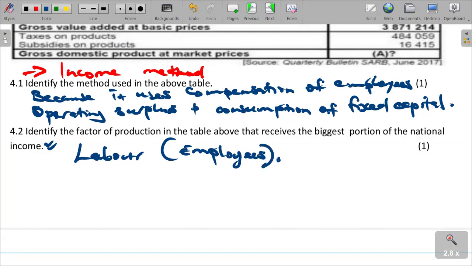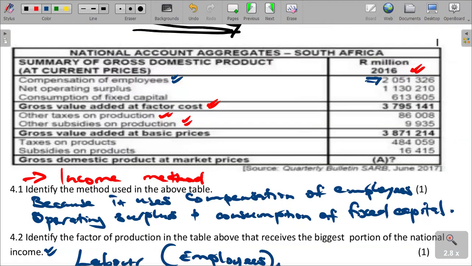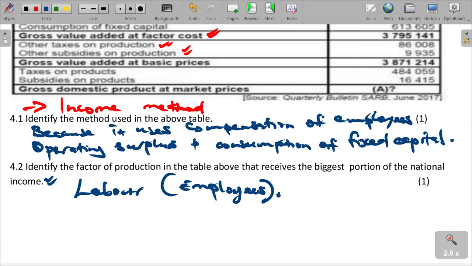But one thing I want you to note, class, is that the question is saying factor of production. So please be observant, because you might run to answer the question but answer it wrongly. The question wants you to identify the factor of production. Compensation of employees received 2 million, so compensation of employees is the highest, but in any case, the factor of production is the one you need to look at.